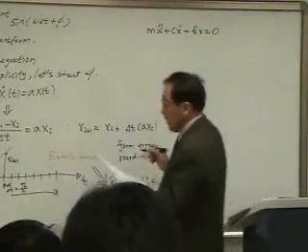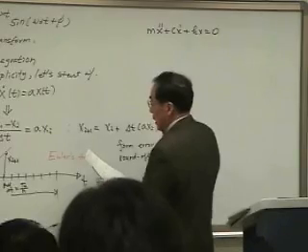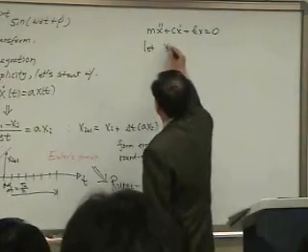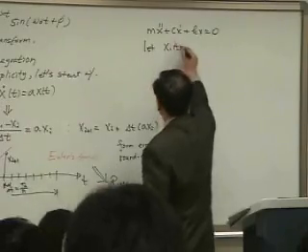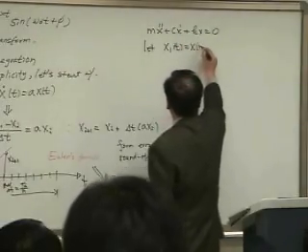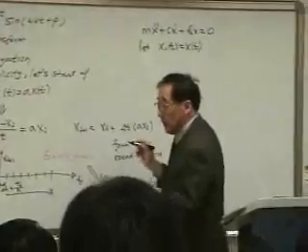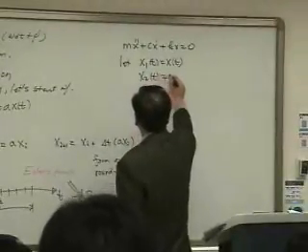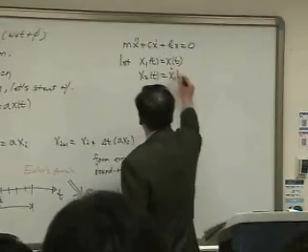What I can do is, I will let x1(t) equal x(t). And then I say x2(t) is the rate of change of x1, x1 dot (t).